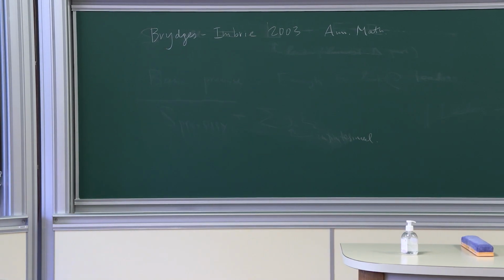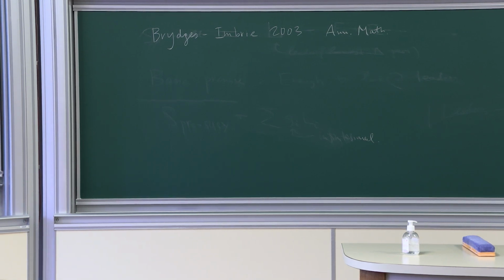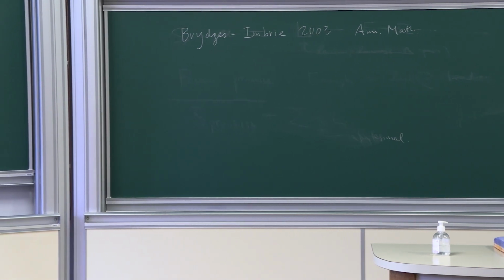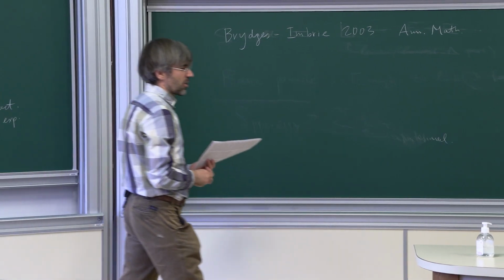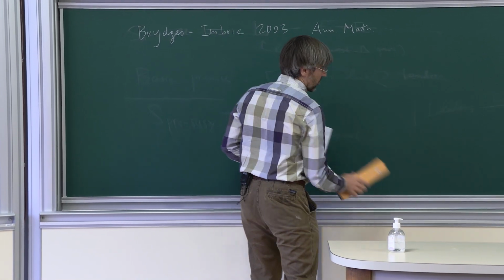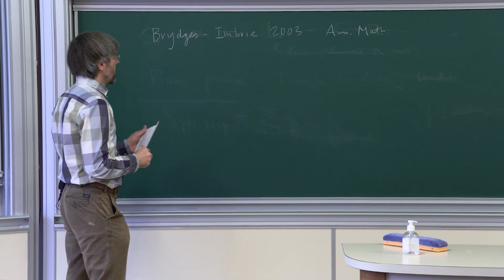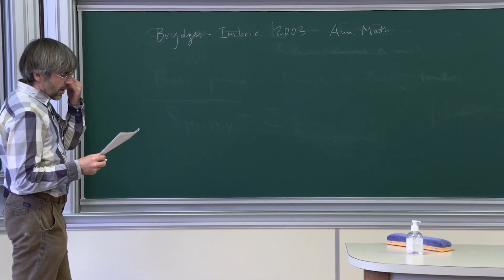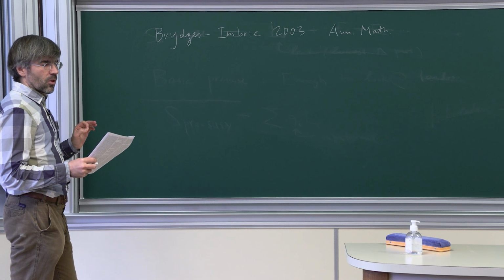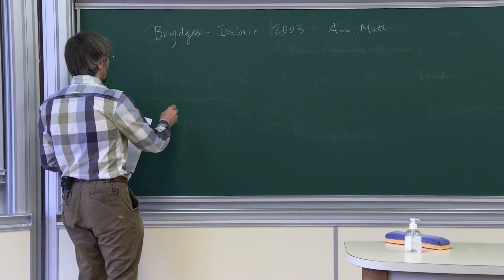Well, let me first tell you what they did, and then let us discuss what should be the lesson, what should be the take-home message. And then you will see where the confusion arises. So Brydges and Imbrie considered a very particular type of branched polymer. In the general branched polymer, there are two effects.